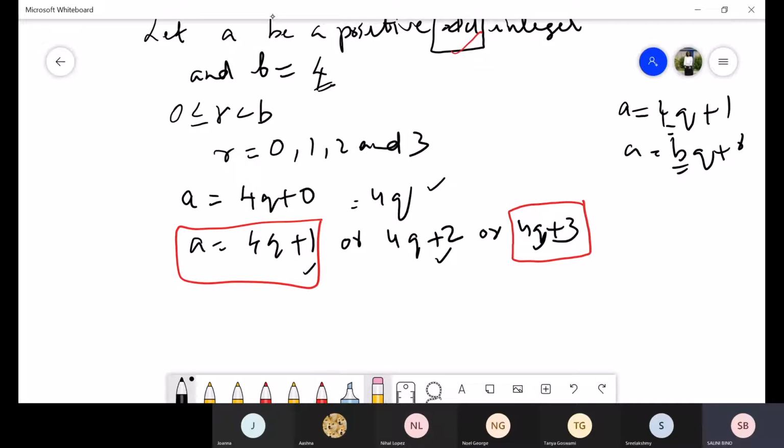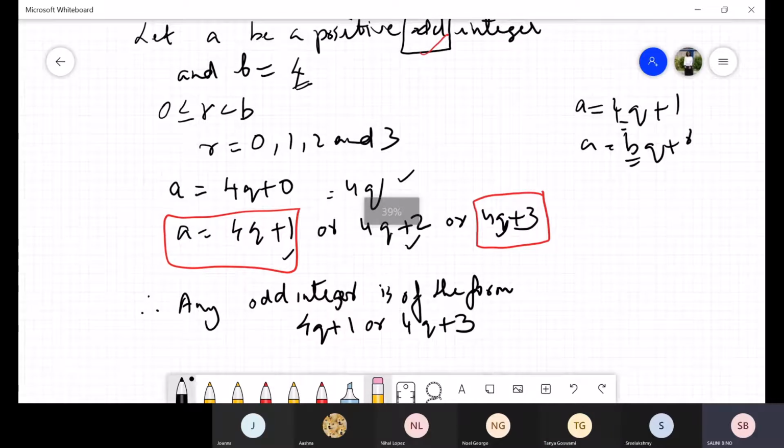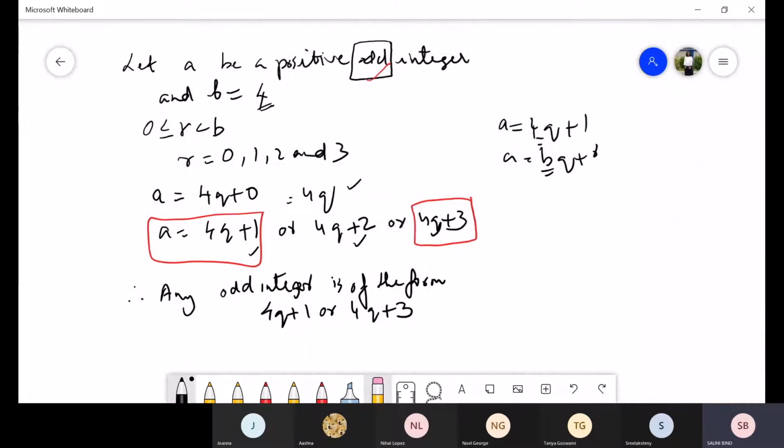So we come to the conclusion that any odd integer is of the form 4Q plus 1 or 4Q plus 3. What about the other two terms, 4Q and 4Q plus 2? Those two are even integers and we need only a positive odd integer in the question.